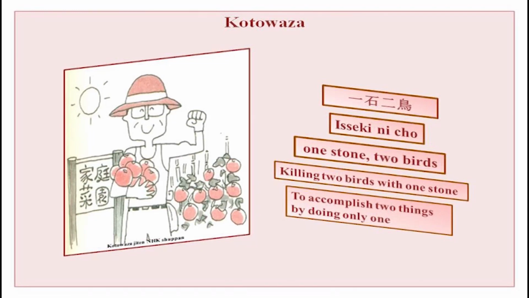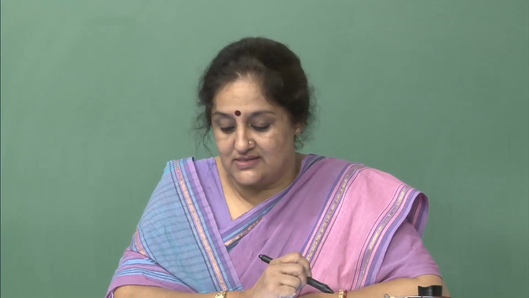There is an English proverb also, killing two birds with one stone, doing two things by just performing a simple single action. So, well, this is what it means, but what is the important part in it? The important part is that killing one bird itself is something very difficult, a very, very difficult task.